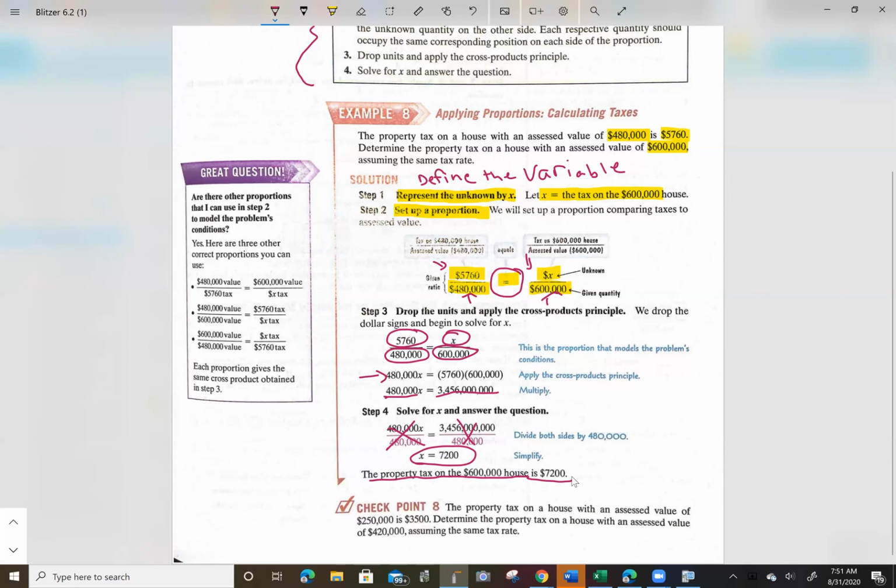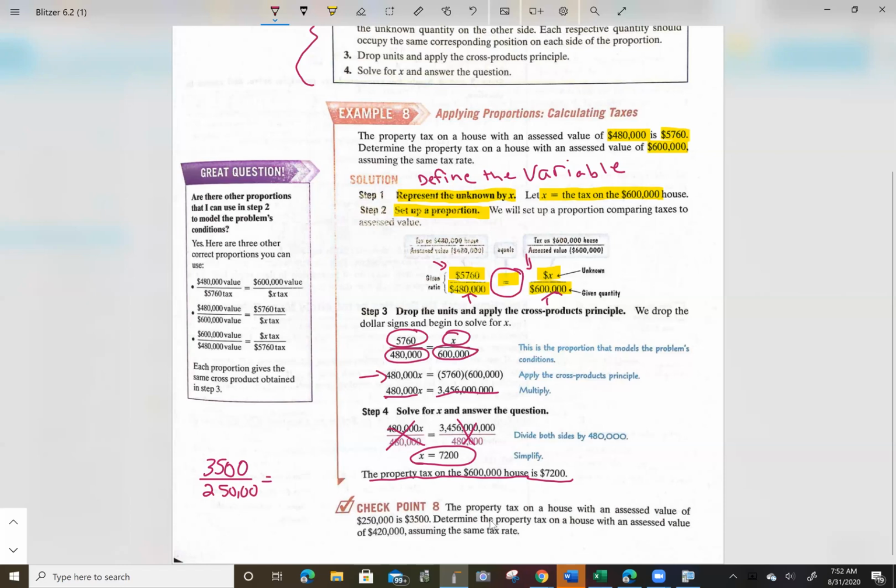Okay. So now for checkpoint 8, the property tax on a house with an assessed value of $250,000 is $3,500. We don't need to define our variable because we did it above. We're doing the same problem with different numbers. We can set this up by the tax over the house value is equal to, and what does it want us to find?